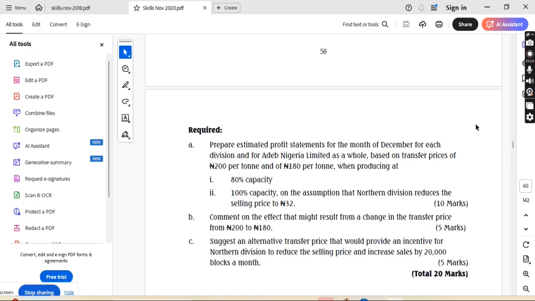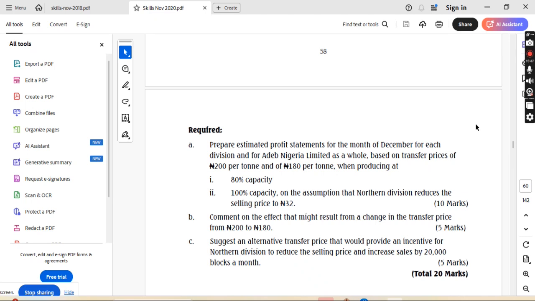The first one is based on 80% capacity. The second one is 100% capacity on the assumption that Northern Division reduced the selling price to 30 naira. So the selling price has been reduced to what? 30 naira. Now that is 10 marks.